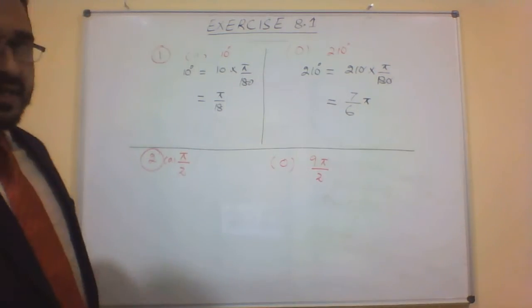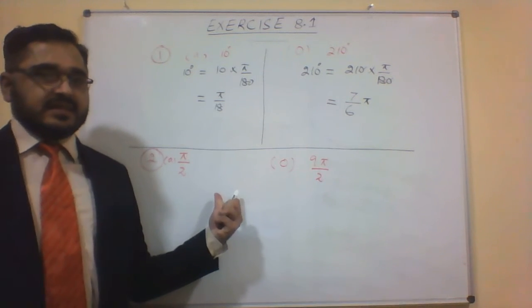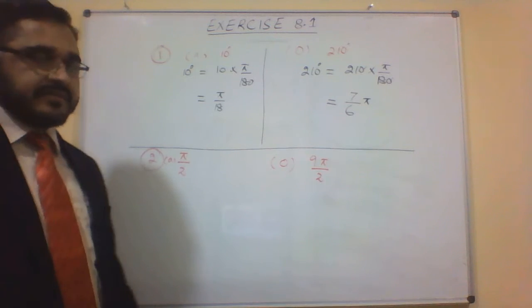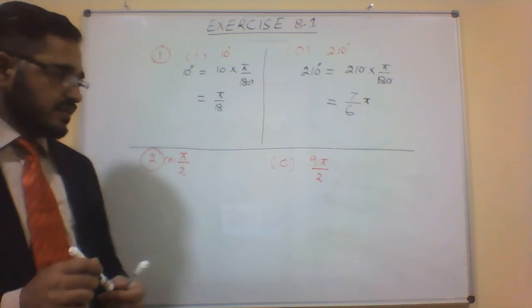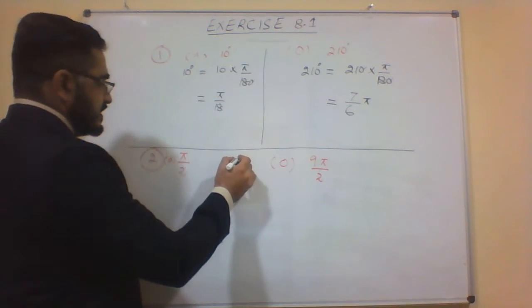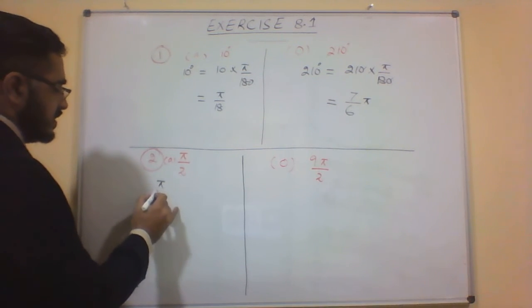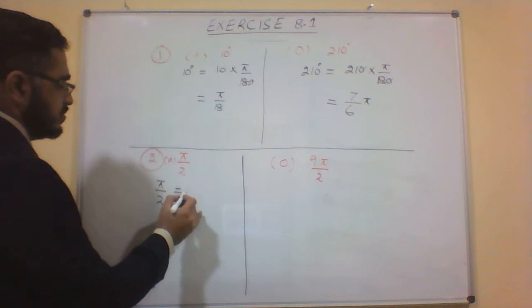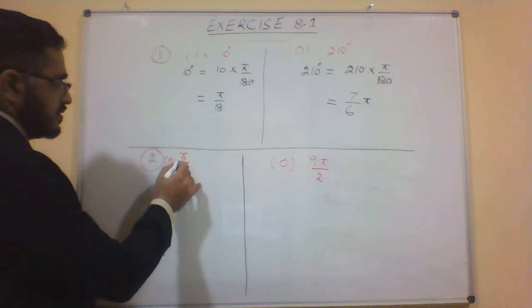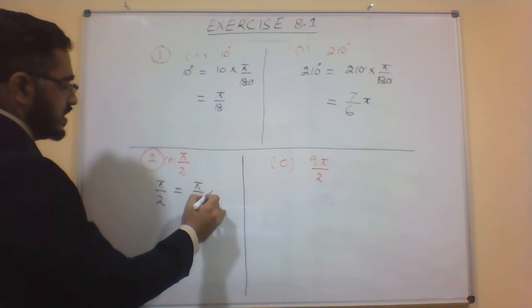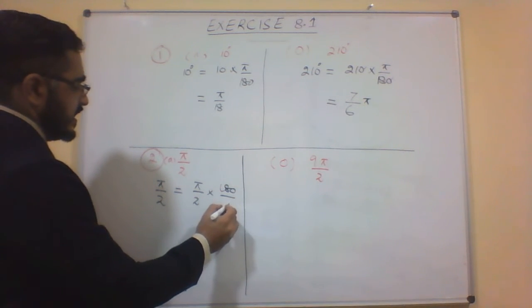Now in question number 2 in exercise 8.1, convert radian to degree. The first part here is pi divided by 2. We are converting pi by 2 into degree, then pi divided by 2 into 180 divided by pi.